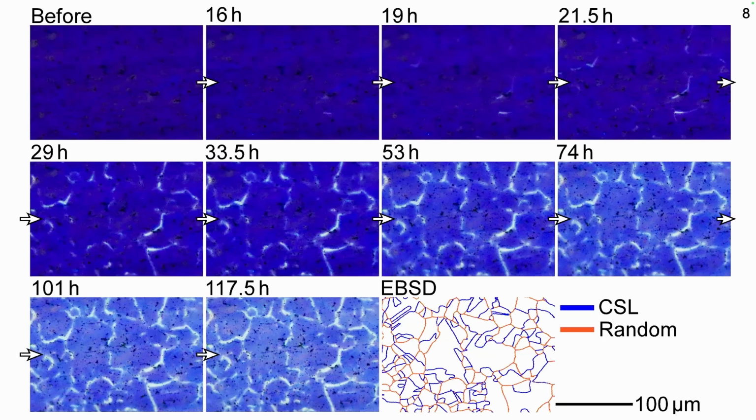This is a grain boundary map of the pure polycrystalline nickel of the same observation area. The blue and orange lines show the CSL and random grain boundaries. In this case, most of the CSL grain boundaries were sigma 3 grain boundaries. So by comparing the optical image and the grain boundary map, it seemed that some of the grain boundaries corresponded to the white area of the polyaniline.